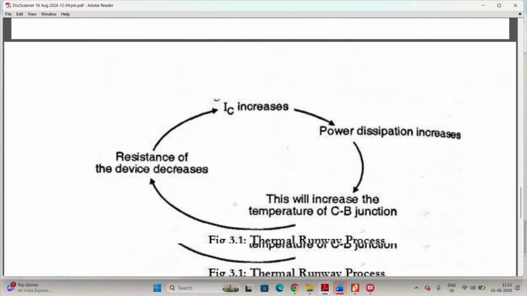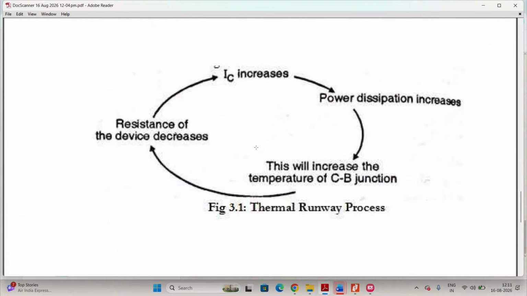You can see the diagram here. We can start from here. When the power dissipation increases, what happens? It will increase the temperature of the collector base junction. Because of this, the resistance of the device decreases, so the flow of current is more than normal.